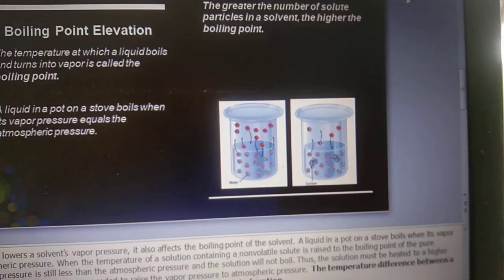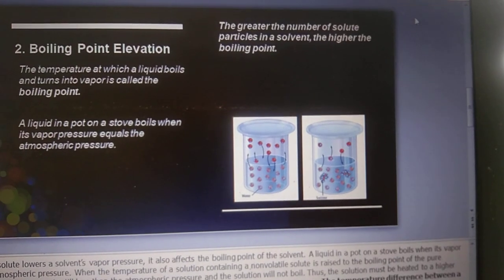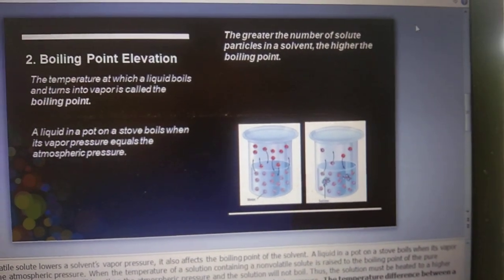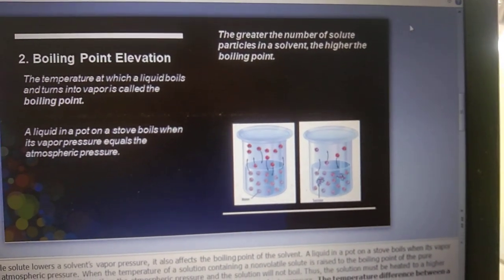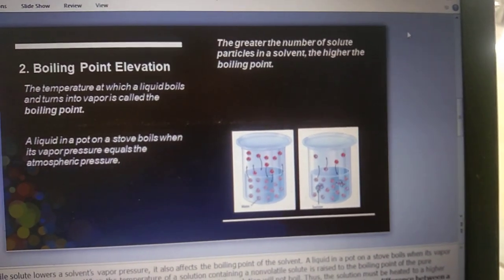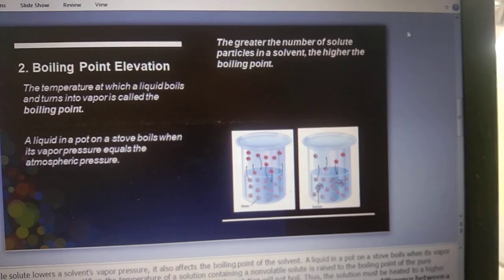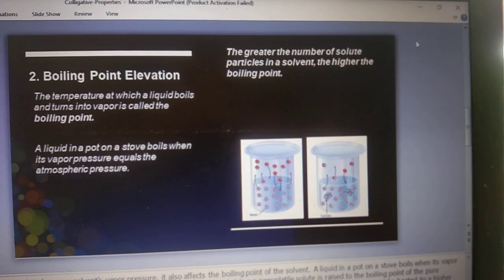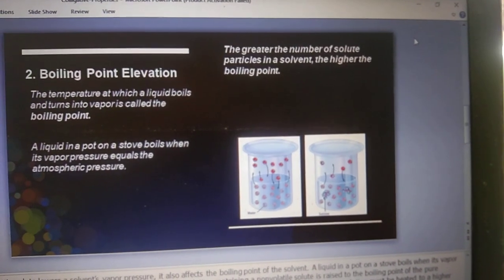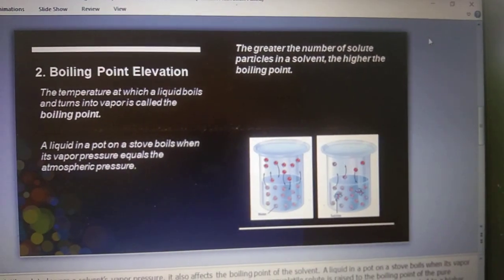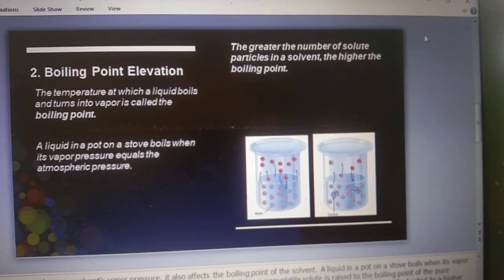In our illustration, when the liquid reaches the boiling point, it equals the atmospheric pressure. The atmospheric pressure is the pressure that surrounds us. That's why the vapor goes upward, because it is less dense, so it equalizes to the pressure of the surroundings.